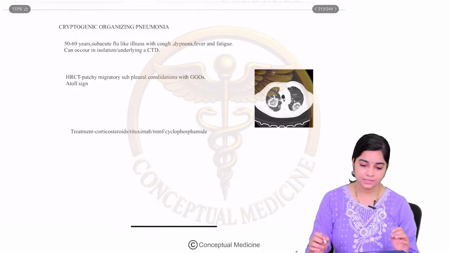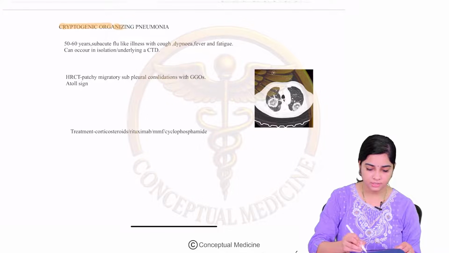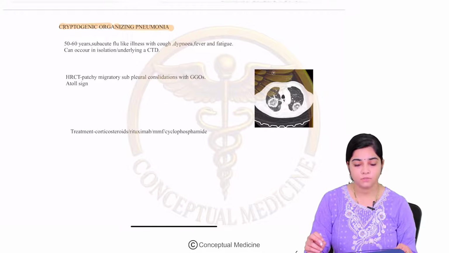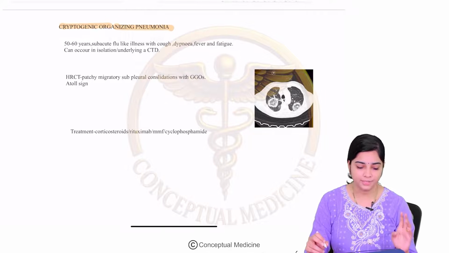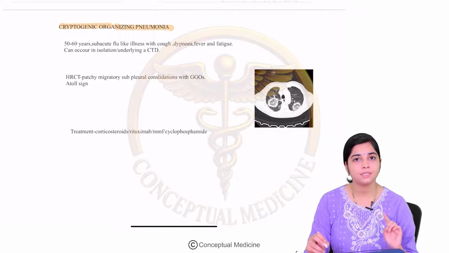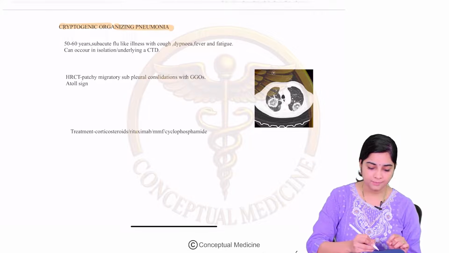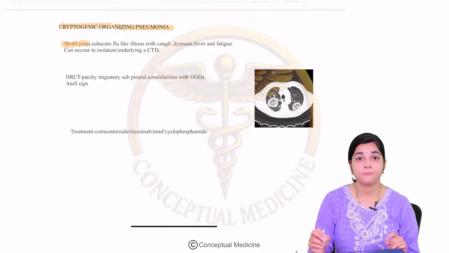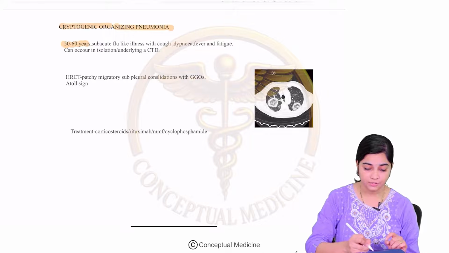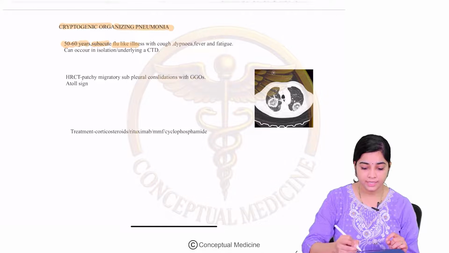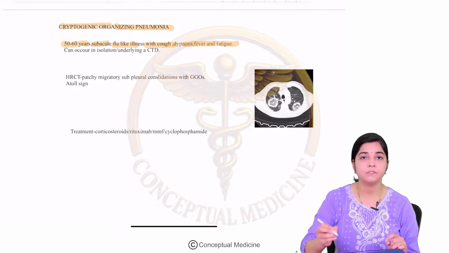Clear? Then the next type of ILD that we should be aware of is cryptogenic organizing pneumonia. Okay. So how does an organizing pneumonia present? Each point here is very important. It presents in the elderly, at 50 to 60 years of age, as a subacute flu-like illness with cough, dyspnea, fever and fatigue.